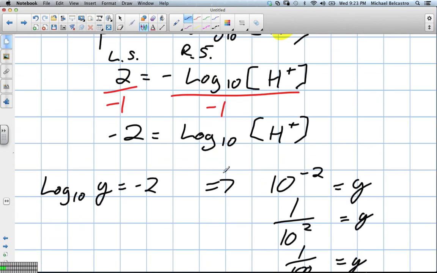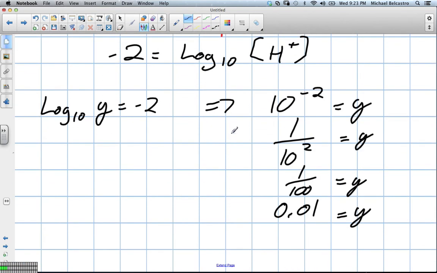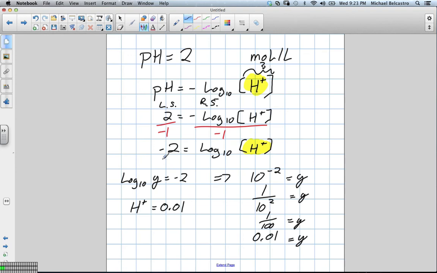Okay? So in other words, when we go to plug this all back in, our H plus, or our hydrogen concentration, is equal to 0.01 in this case. Right. Does that all make sense?